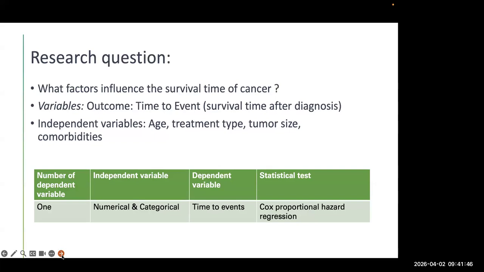Okay, so next, what factors influence the survival time of cancer? So time to event. This is usually, some students or some patients just refer to records. Records in the ward. Because if you follow up now, we do not know whether the patient will survive or not, or maybe you die first before them.